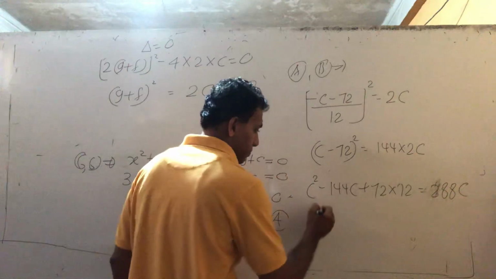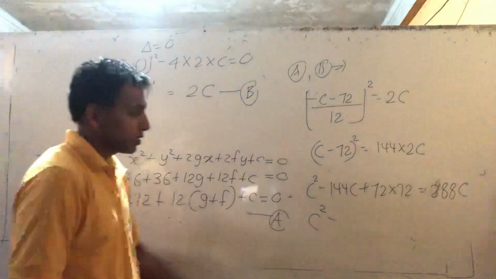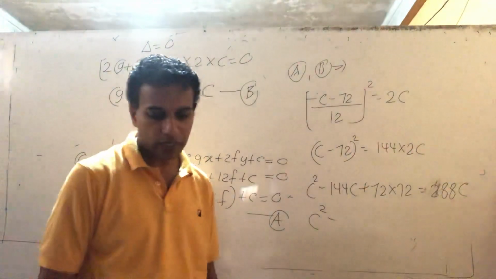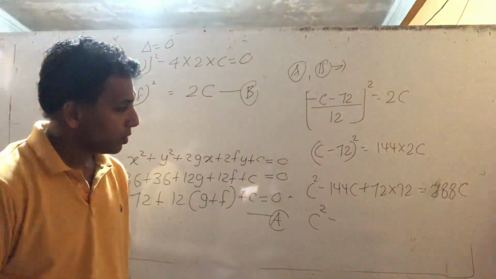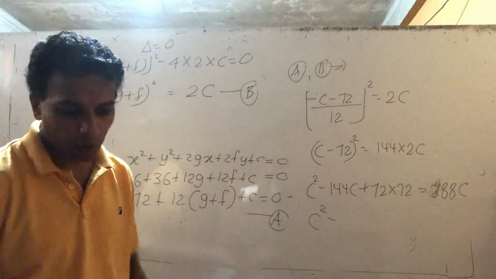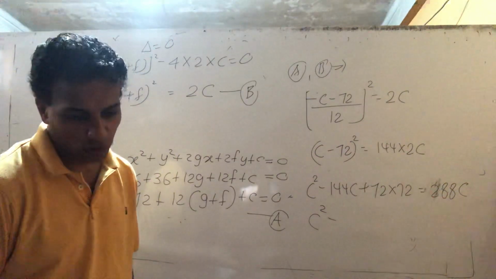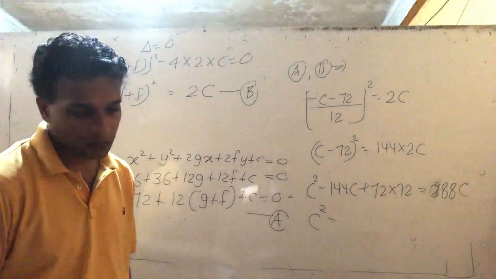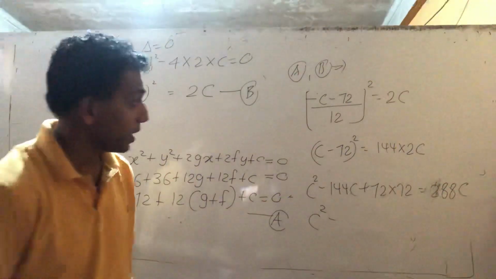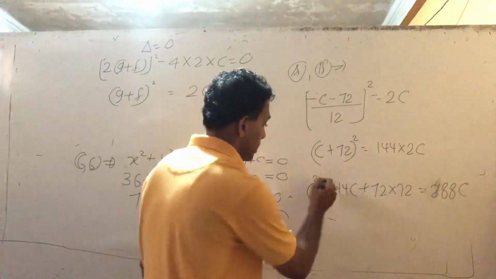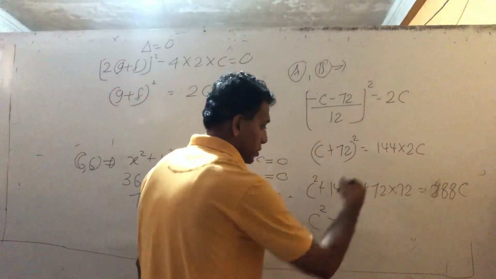c square, and you take 288 here, 144c minus 288c, and plus, that becomes a complete square pattern. I missed somewhere, the minus turns to a plus sign here.